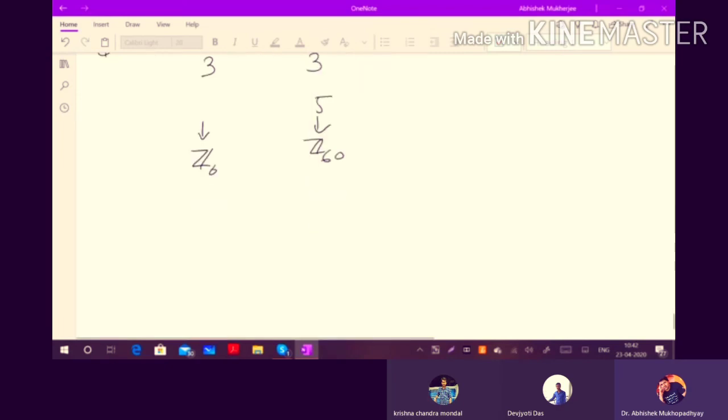So this group is isomorphic to Z6 cross Z60.